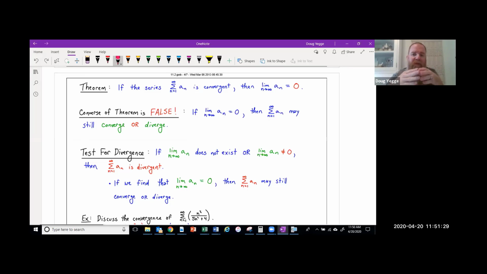The only way for the series to possibly converge is if the limit of the sequence goes to 0. Because what that would mean is that each of the terms eventually becomes so small that they become insignificant in the sum. So it's important to recognize that if the series is convergent, then the limit of the sequence is 0.